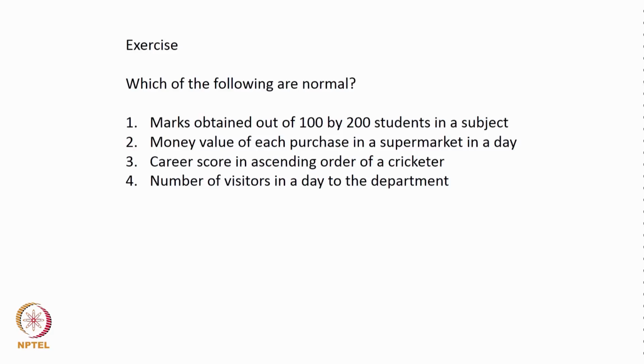So, we could expect some amount of skewness in the data, and therefore, we need not treat it as close to normal. Number of visitors in a day to a department again may not be very close to normal. We could have 40 or 50 visitors on some days, and on some other days a small number. So, we will have a large number of days with a small number of visitors and a small number of days with a large number of visitors, and therefore it would not be close to normal.